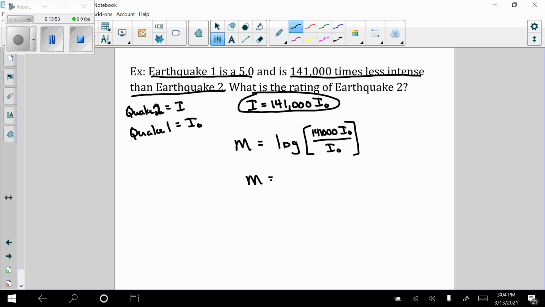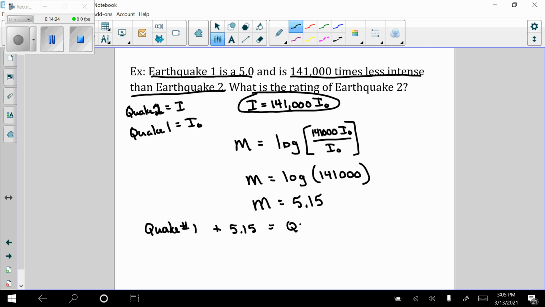So I get log 141,000, which is about 5.15. So now remember, quake 1 is my weaker one. So quake number 1 plus the difference I just calculated, 5.15, is equal to quake number 2.